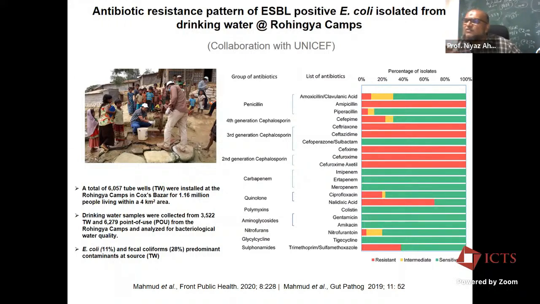Even if they do not suffer institutionalized outbreaks or diseases, the minimum you can expect is that their health indicators will definitely be compromised, because these microorganisms will colonize the gut, they will colonize the soil and form biofilms in the utensils and everywhere.